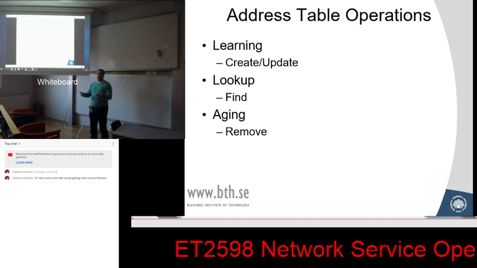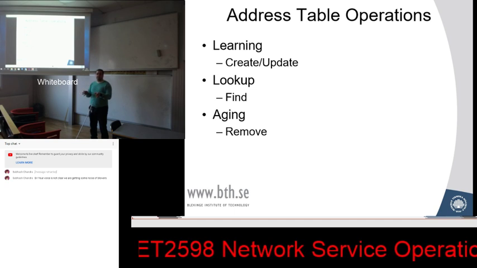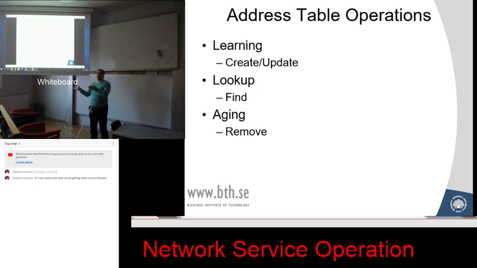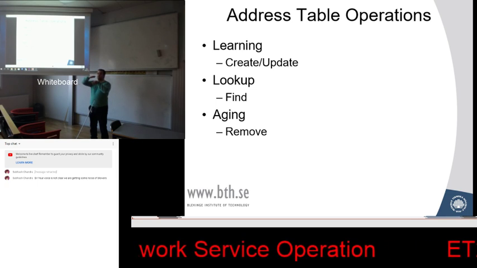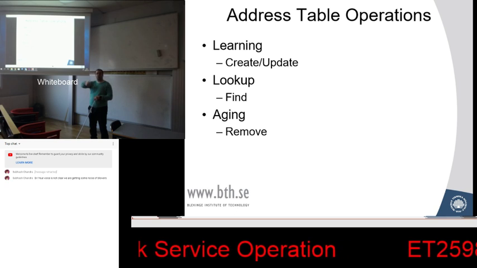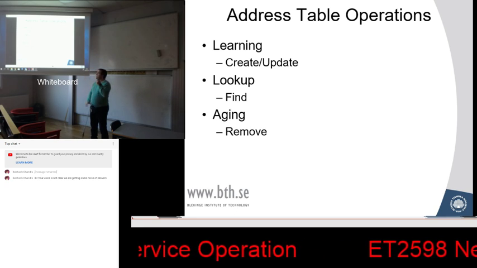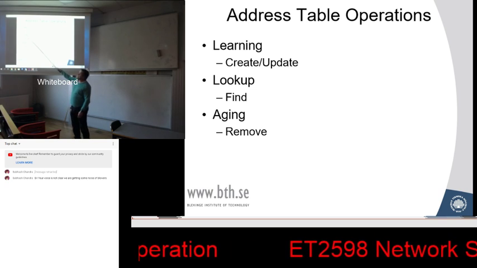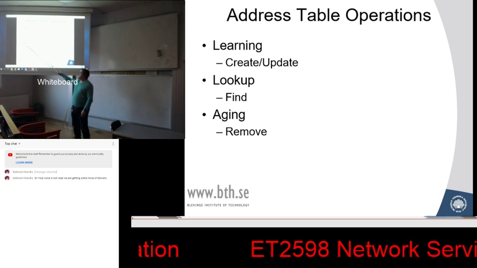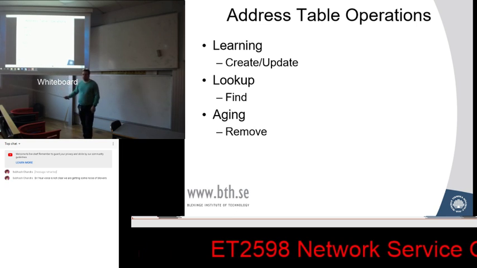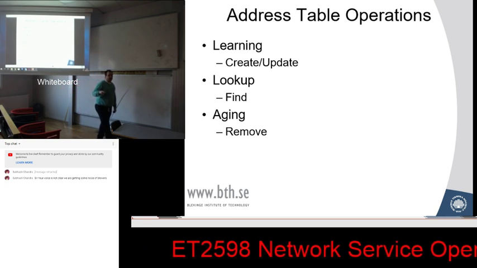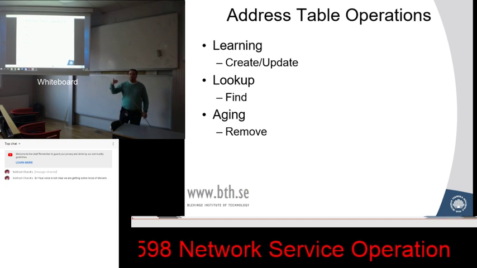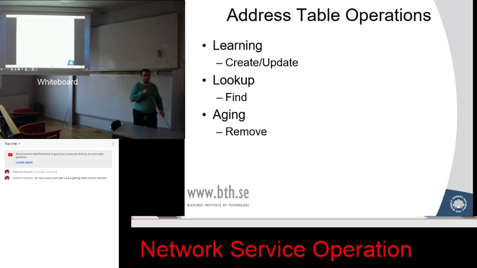If I haven't seen any communication from a device, from a MAC number in 15 minutes, I remove it from my list, thus shortening the list, making my lookup faster, right? So basically, we have the learning operations, we have the lookup operations, and we have the aging operations. These are the three major operations that you have to do on the address table of an Ethernet device.